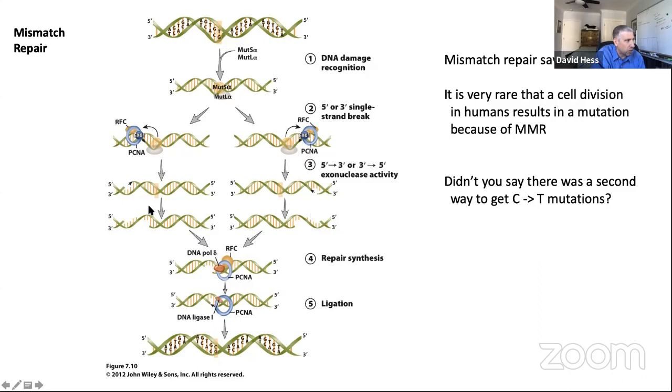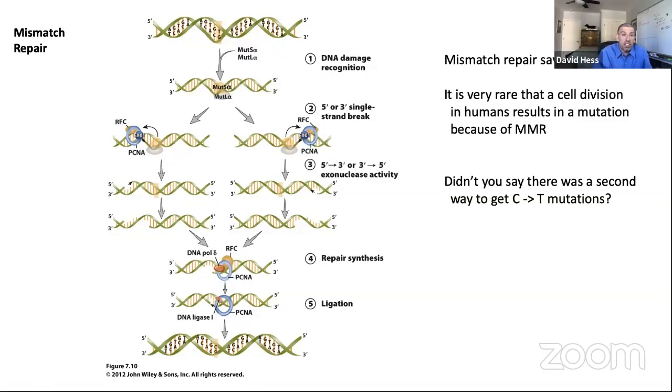So on either side here, we see we've removed some of the damaged strand, or in this case, the strand that had the incorrect nucleotide incorporated. And then you fill this in with a specialized DNA polymerase that comes in and fills in this gap, and then it leaves one little bond behind. We fix that with a process called ligation. And so at the end of that, that fixes it.